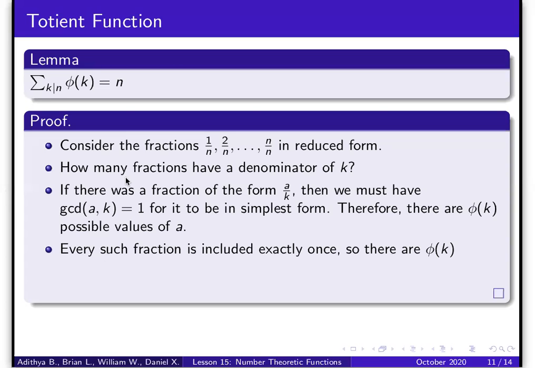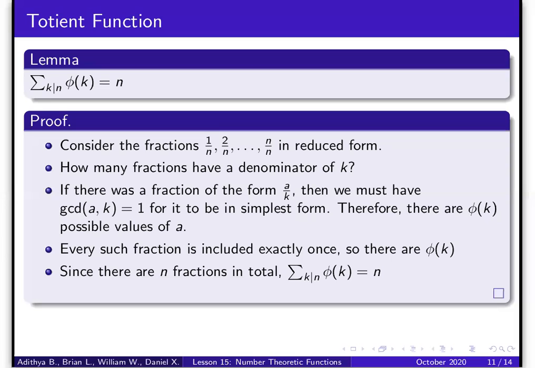And so the denominator has to divide n. So if we total up the number of fractions with each denominator, it's the sum of 5k where k divides n, because the set of denominators is precisely the set of divisors of n.